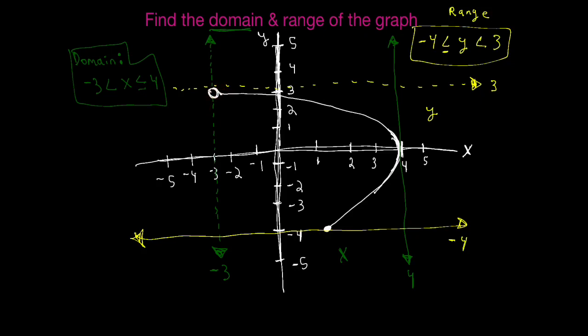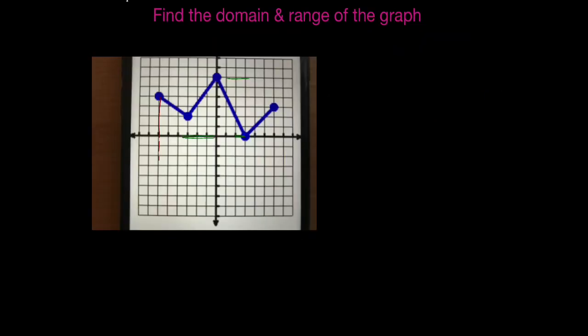Okay, I want to do one more example. So let's take a look at this graph. Let's begin by first finding the domain. In order to find the domain, we have to look at the x values, and we have to read from left to right. So let's begin.